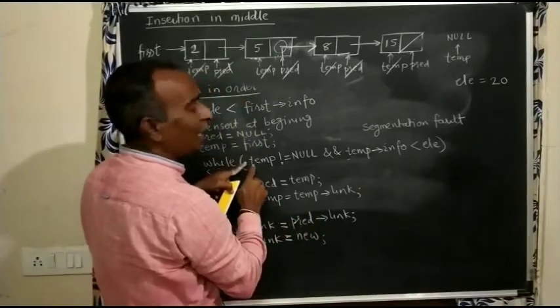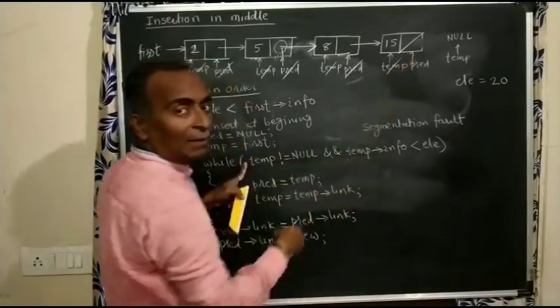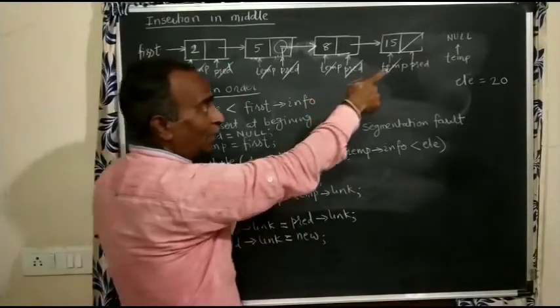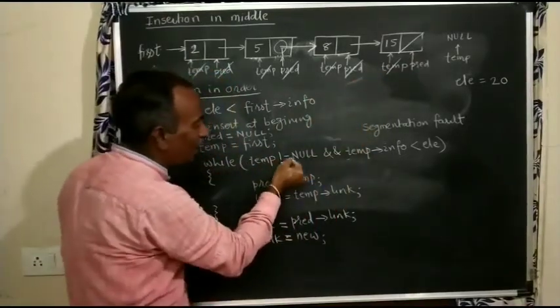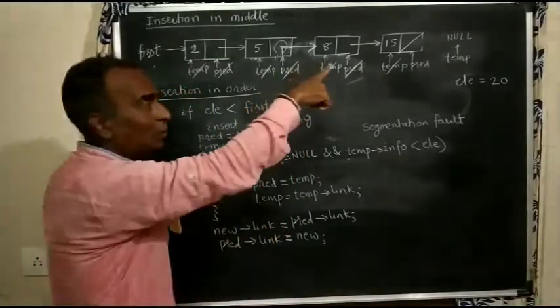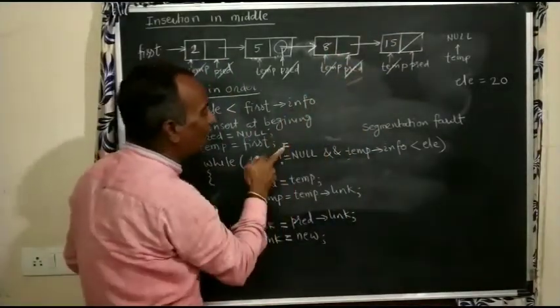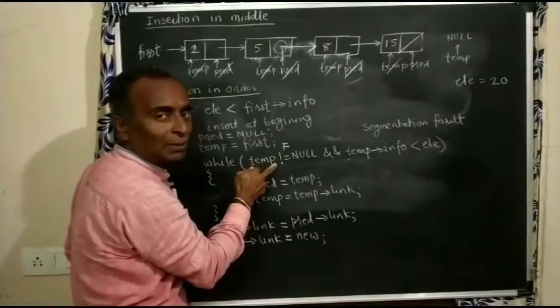When it comes again here, now it will check whether temp is null. Yes, now temp is null, so this is false. When temp reaches the end after the last node, that will be null and this condition becomes false.